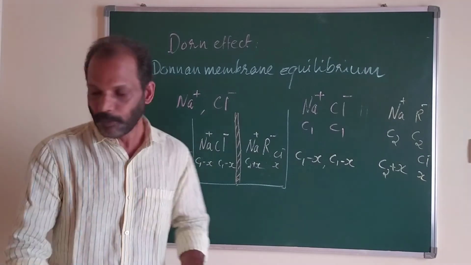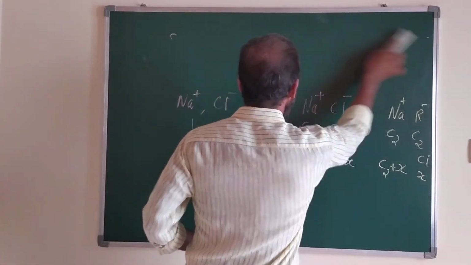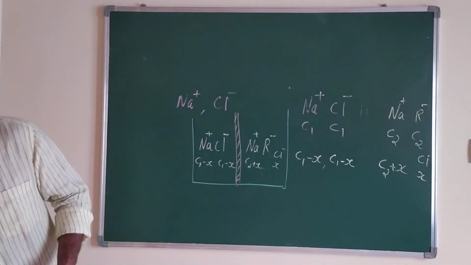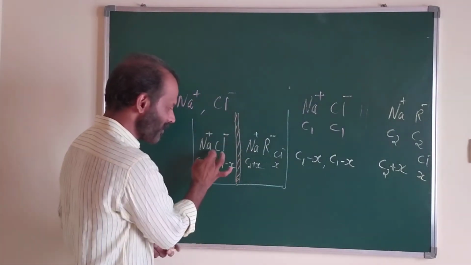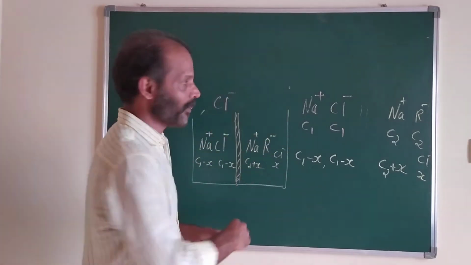But we know at equilibrium, the concentration product of Na plus and Cl minus present in both chambers should be equal. Concentration of Na plus and Cl minus in this chamber will be equal to concentration of Na plus and Cl minus in this chamber.